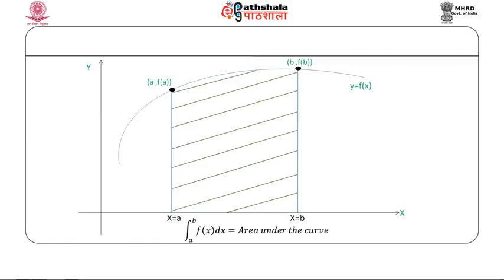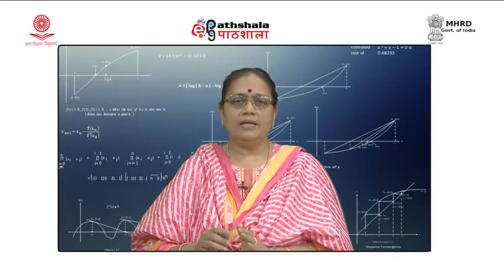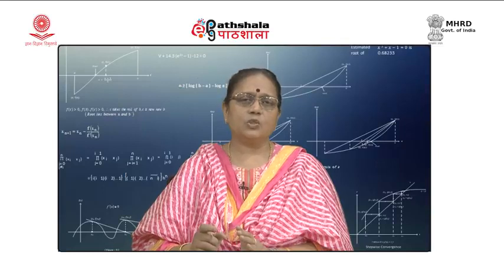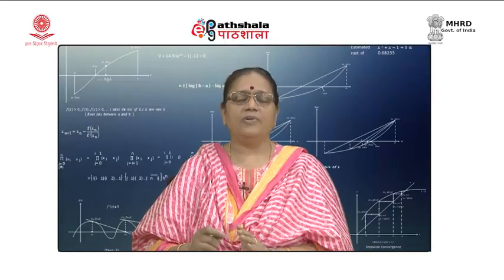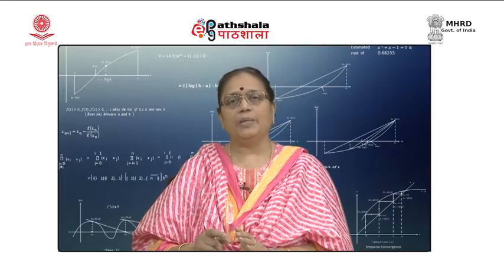Theoretically, the notation is the integral from a to b of f x dx, and the graphical interpretation is the area under the curve. Theoretically, how do we find it? The integral sign stands for summation. Dx means delta x, a small delta x. So, f x multiplied by delta x, where delta x tends to 0, summed from x equal to a to x equal to b.